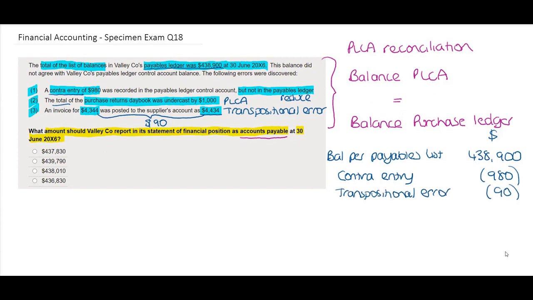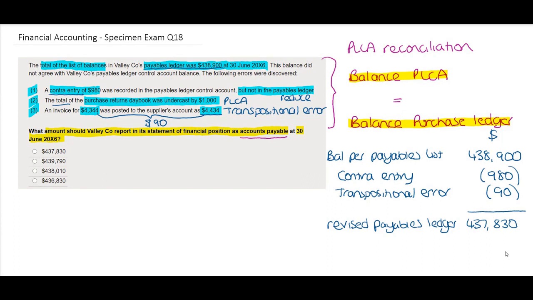With our adjustments now identified and updated on the list, we can now total this up and calculate our revised payables list balance. This amounts to $437,830. Based on the assumption that all of the errors have been found and updated, our balance per our purchase ledger will equal our balance per the purchase ledger control account in the general ledger.